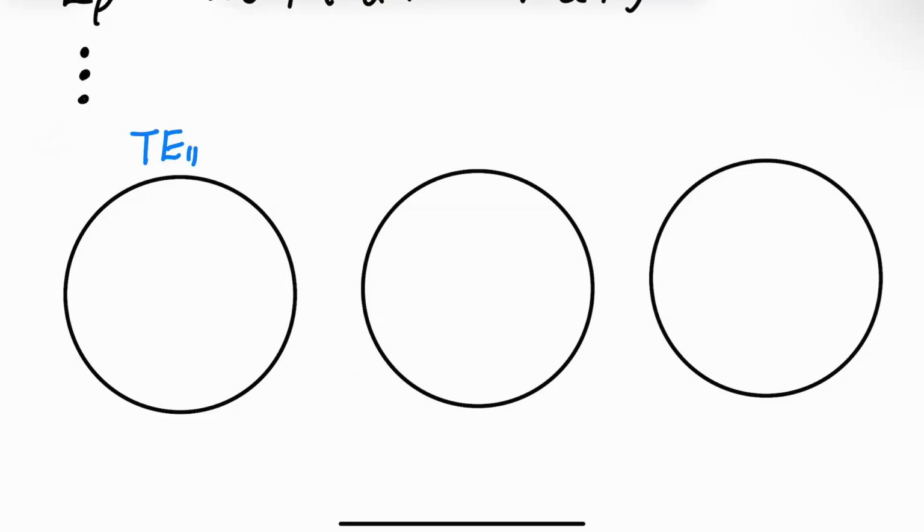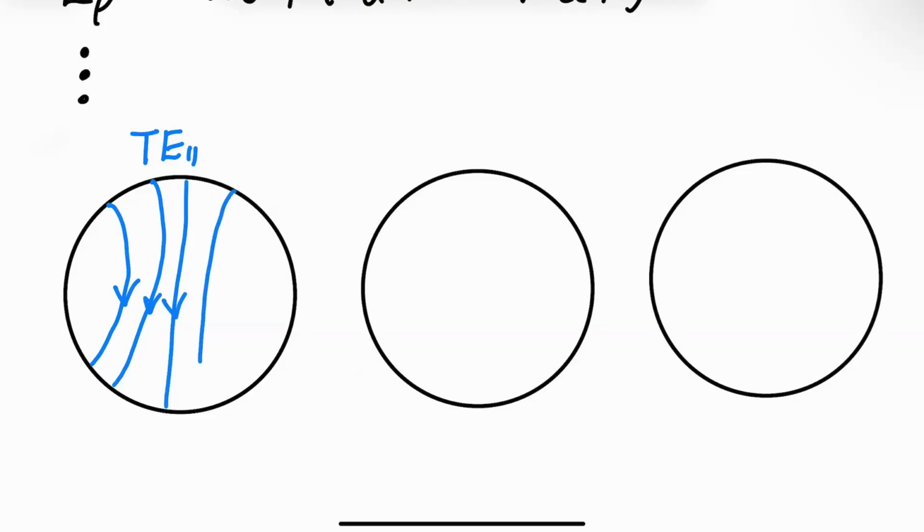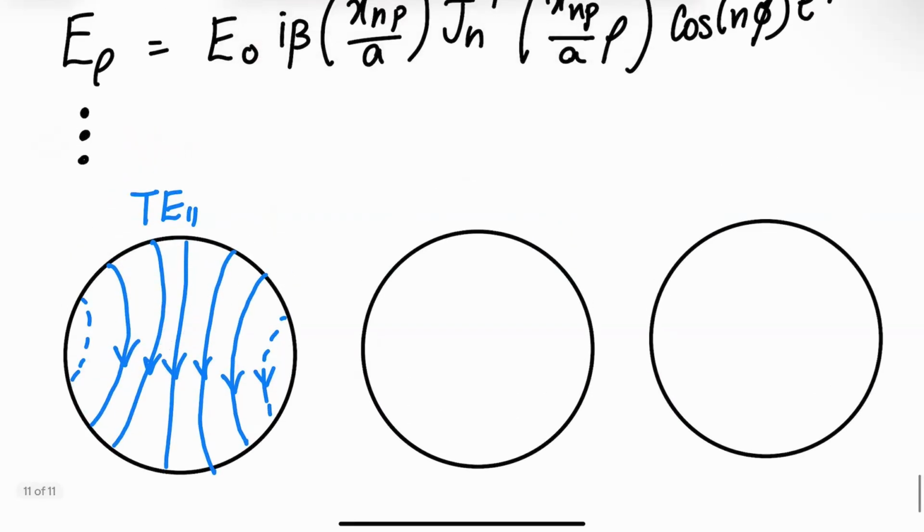What does the mode actually look like? The electric field distribution looks something like this, and then it goes to 0 here and 0 here. This makes sense because the n index is equal to 1 and the p index is equal to 1.